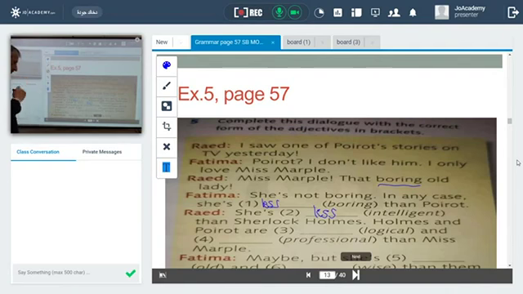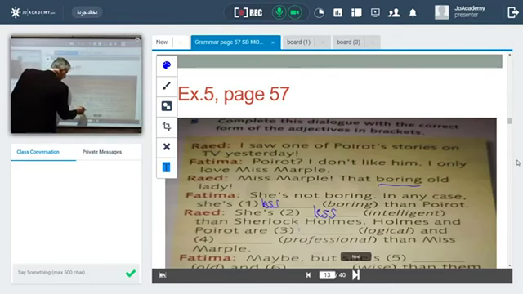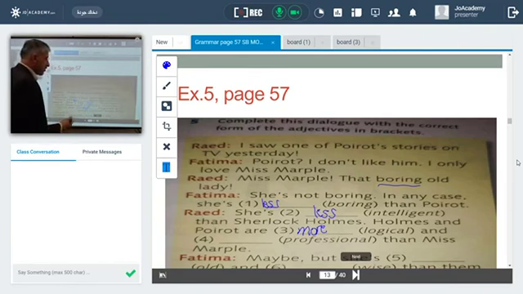What do you think the answer is? They are more logical and more professional, more logical than Miss Marple.